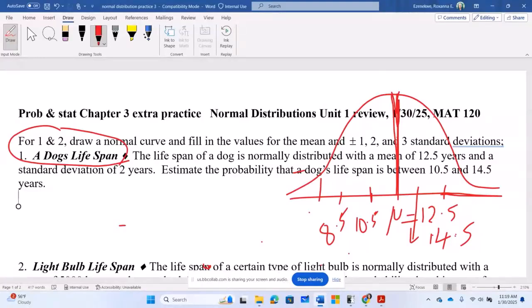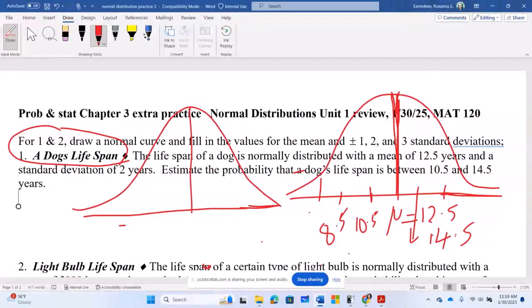Okay, so let me just draw them in standard deviations then. The one I'm drawing with standard deviations, the mean is 0. So when the mean is 0, that is the mean of the data, and I will apply z-score there too.